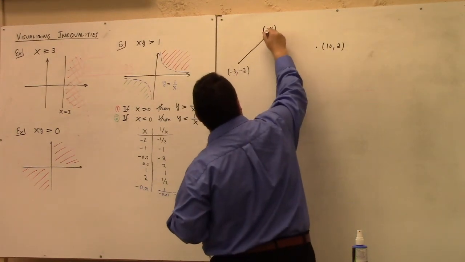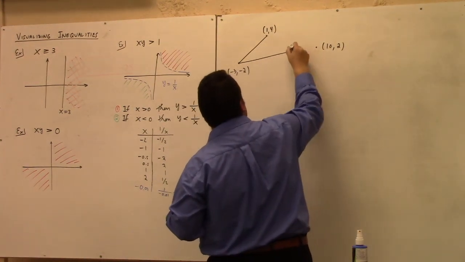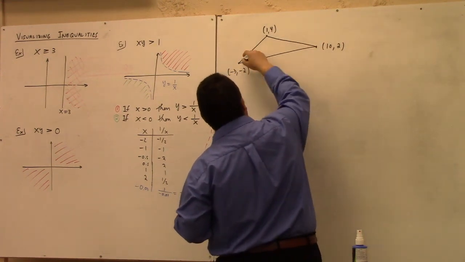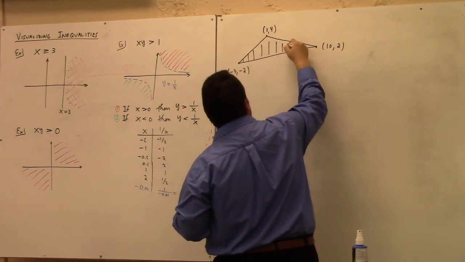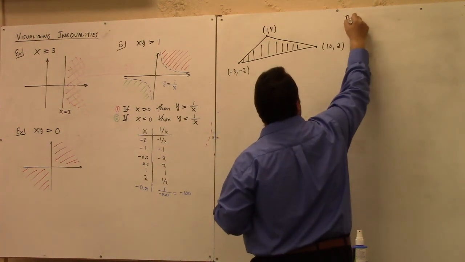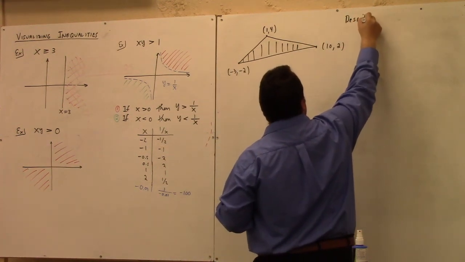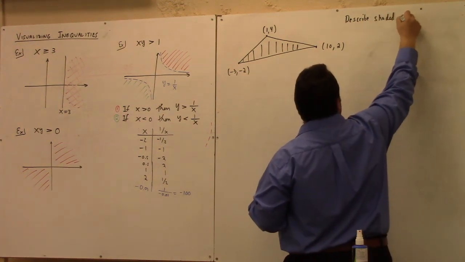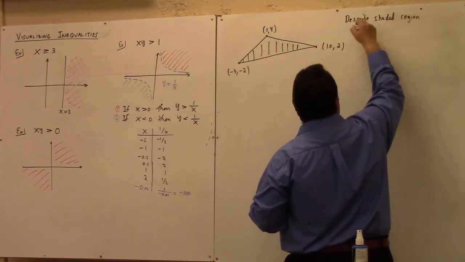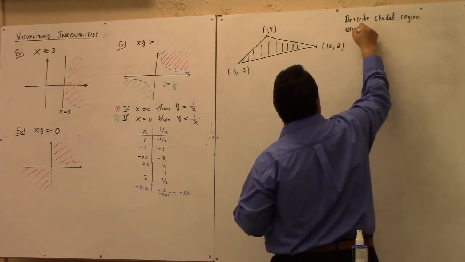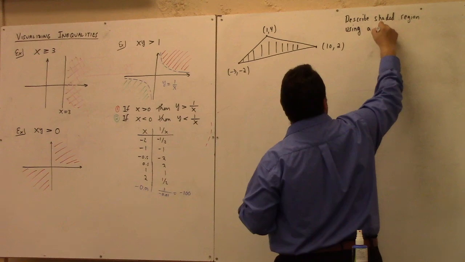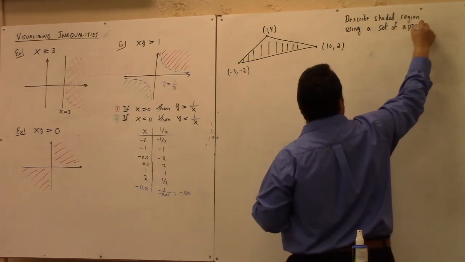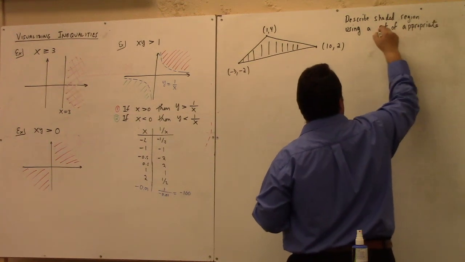So suppose we connect the dots, right? And so the given problem is: describe the shaded region using a set of appropriate inequalities.